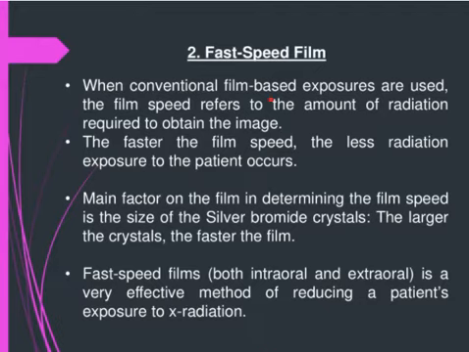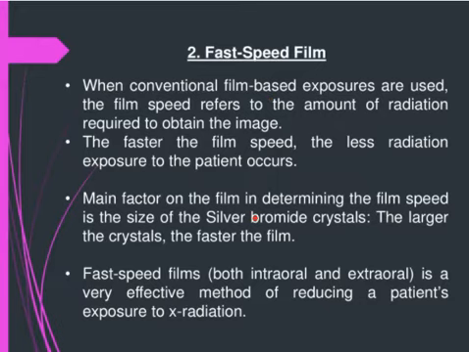Now, using fast speed films. If you use a film which has more speed, then you will have less radiation exposure. Speed means the amount of radiation exposure a film needs to get exposed. So fast speed film means less radiation exposure to the patient.